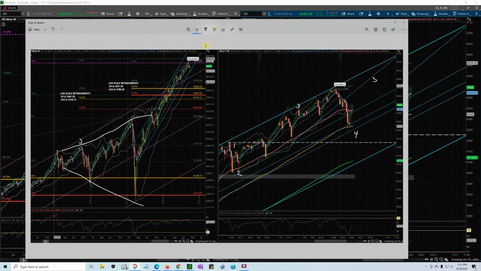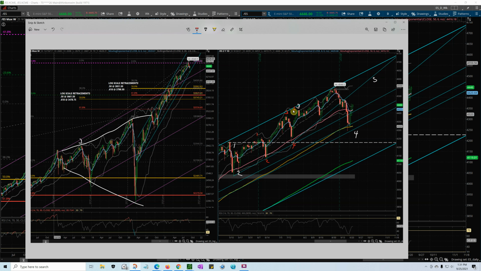And so within this wave 3, we have 1, 2, 3, 4. There's a tiny bit of overlap here where we spike into the top of wave 1, but I think I'm okay with that.